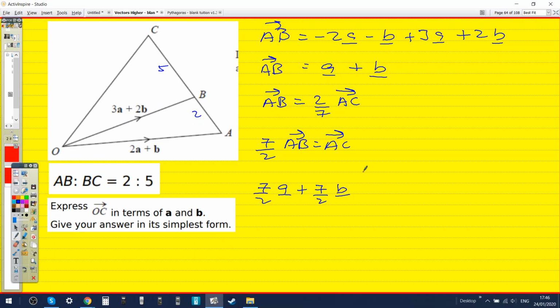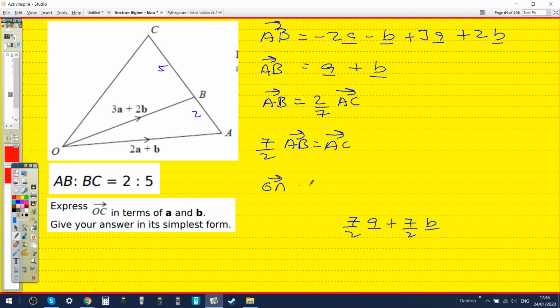How can you get from O to C? From O to B, and then from B to C. But that way you don't use what you did in the previous part. Is there any way you can do it using A to C? O to A and then A to C. Okay.